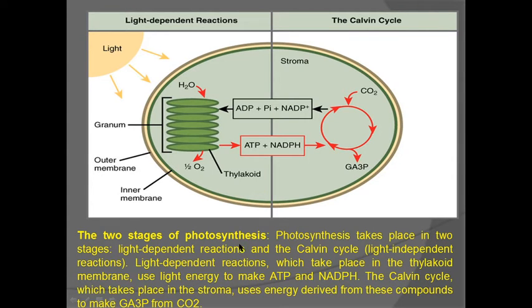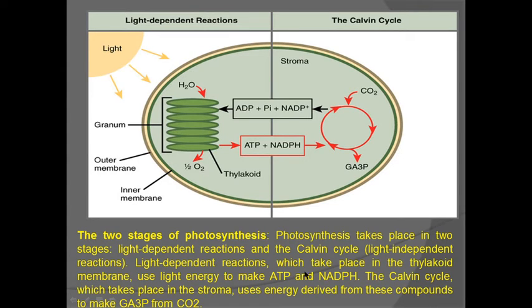The two stages of photosynthesis. Photosynthesis takes place in two stages: light dependent reactions and the Calvin cycle, that means light independent reactions.